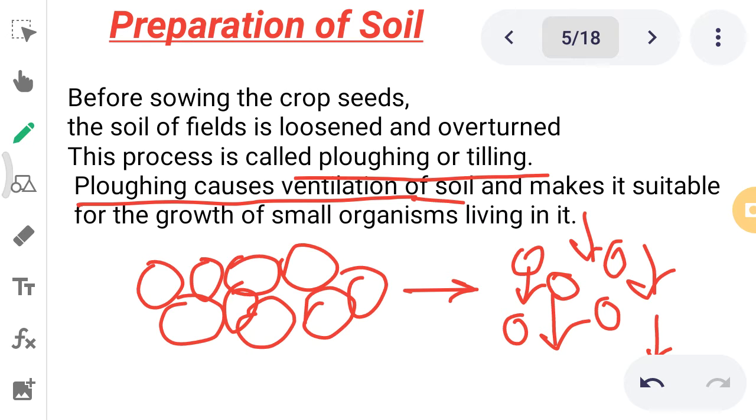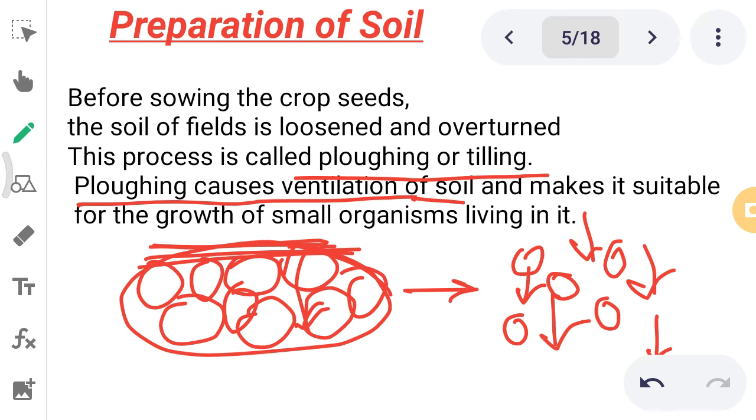And also the humus which is over the top layers goes into the several layers below it and makes the soil fertile. These are a few reasons for ploughing. And it also enables the growth of small organisms living in it, maybe earthworms, etc.